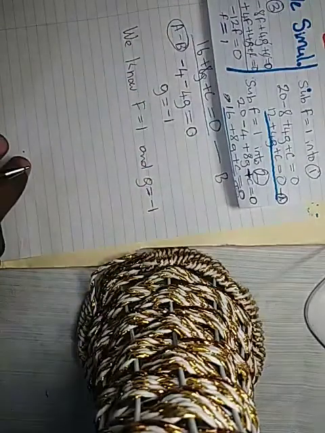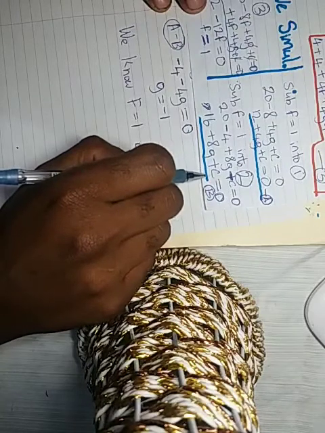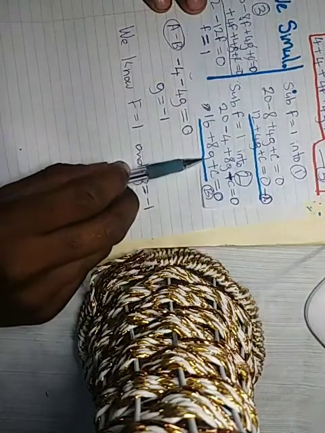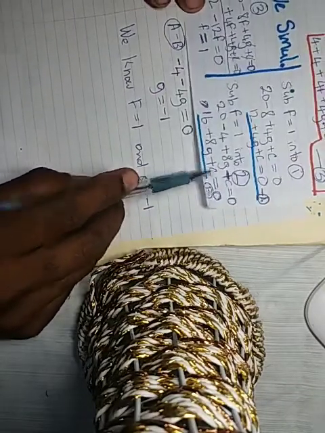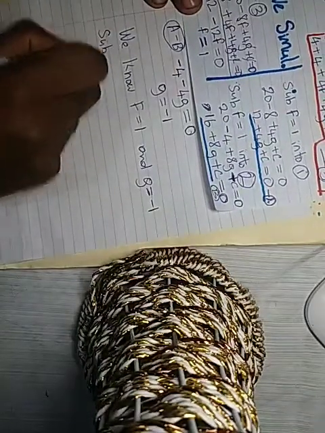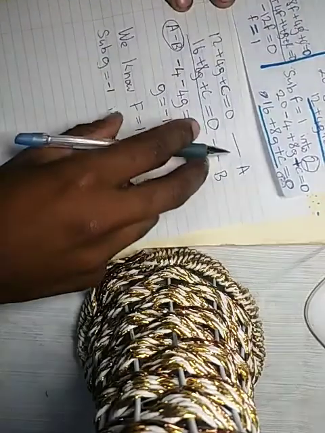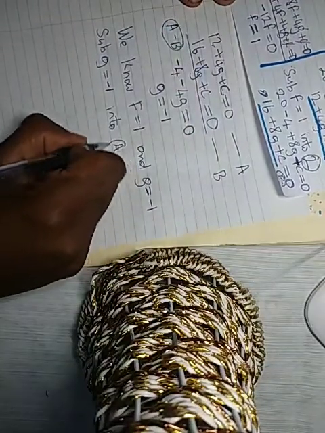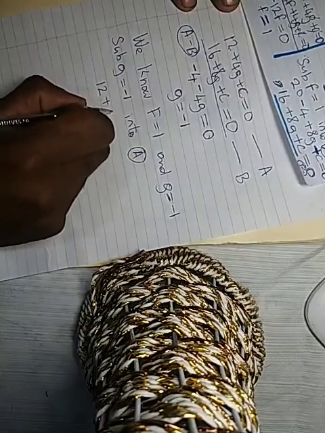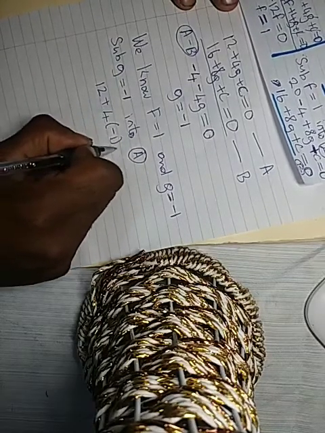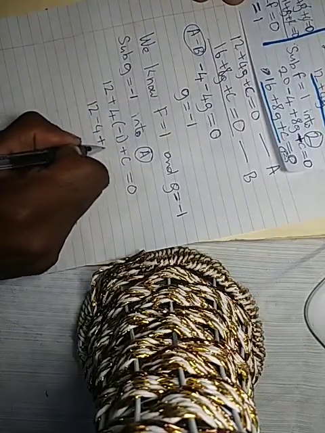So to get the value of c, we can substitute g into equation A. We'll end up with 12 plus 4 times negative 1 plus c is equal to 0.